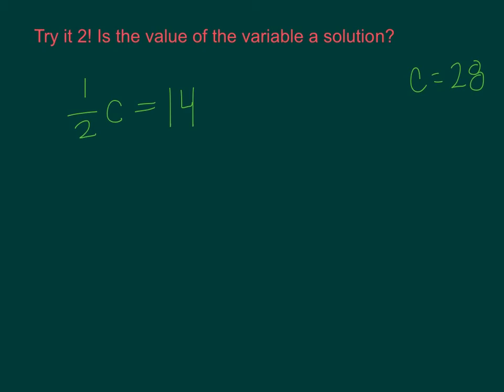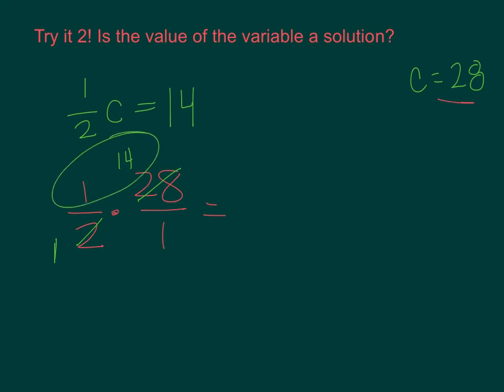Okay, so remember, here's my variable, here's my coefficient. Right in here is a little invisible multiplication sign. So I'm going to plug in 1/2 times c, which is 28. I'm going to put it over 1. Now I'm going to cross cancel here. I know that 2 and 28 are both even, and half of 28 is 14. So then I have 14 left over. 1 and 1 I can't do anything with.